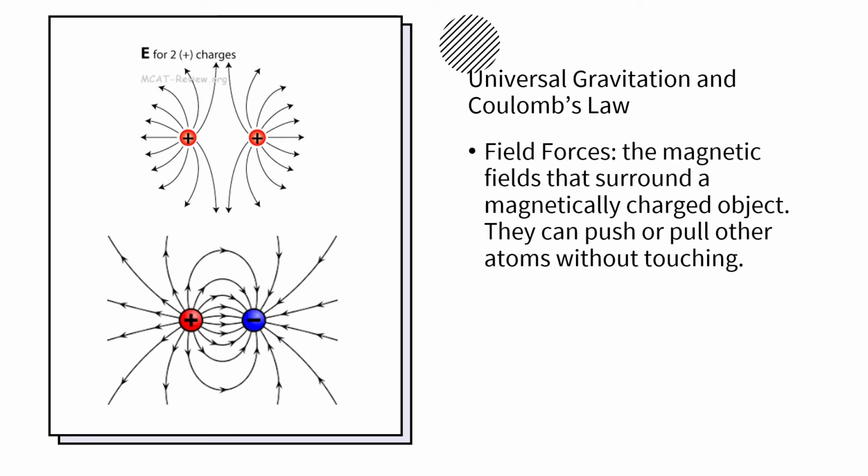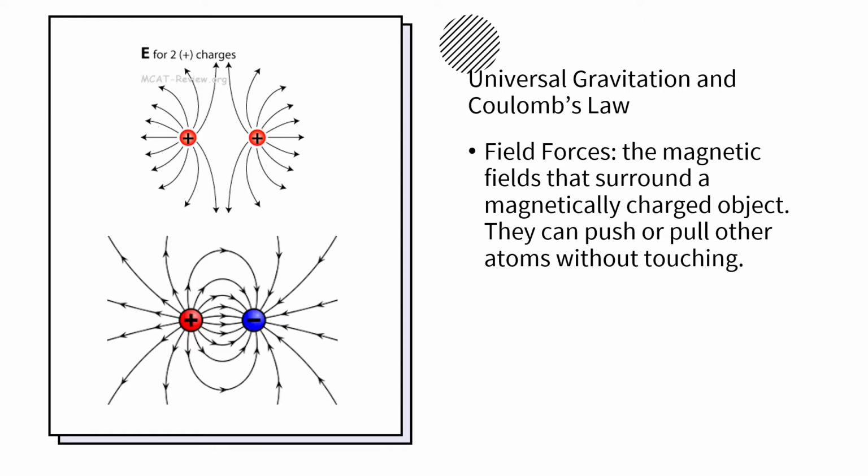And of course, we have to talk about field forces, the magnetic field that surrounds a magnetically charged object, and they can push or pull other atoms without touching. For example, in this case, imagine that the circles that you see here are magnets. What your eyes will actually see will be only the circles that you have right here, but in reality there is more to them.